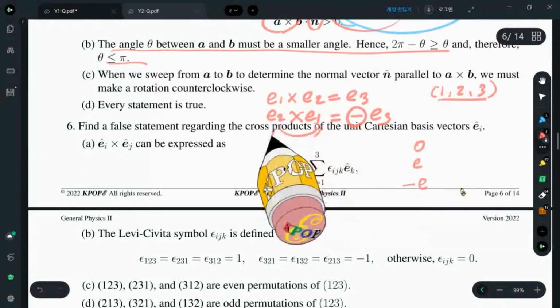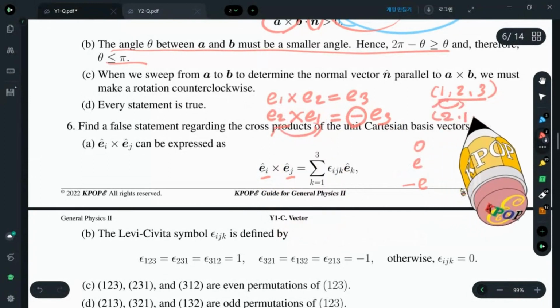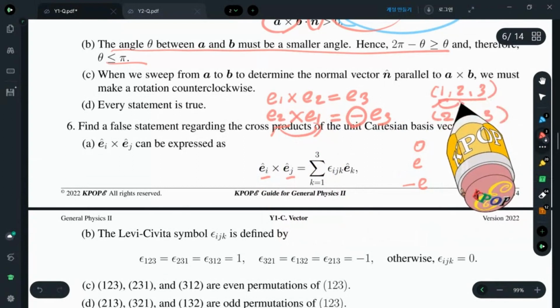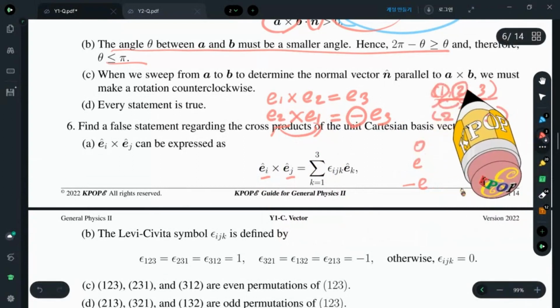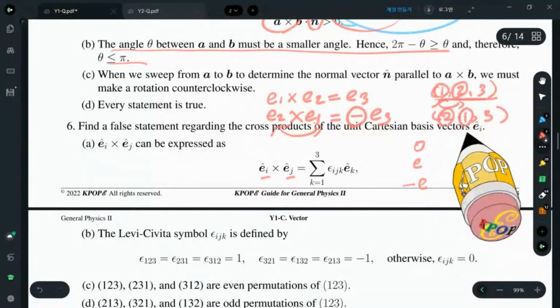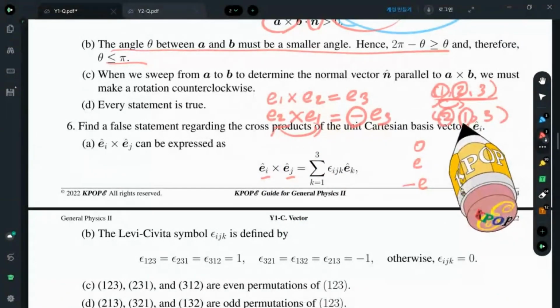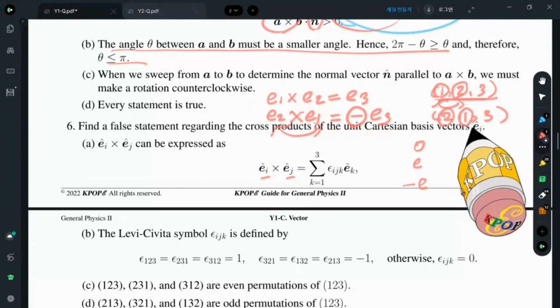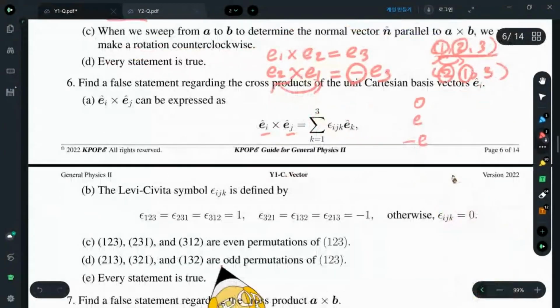So if you exchange the order, that is called permutation. You exchange any two numbers in the ordered list 1 to 3, then you will find a new permutation. If the number of exchanges is an odd number, we call this an odd permutation.